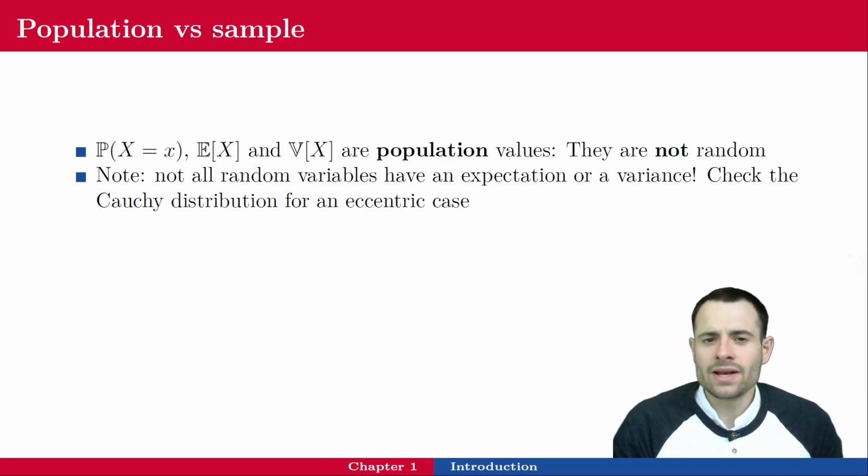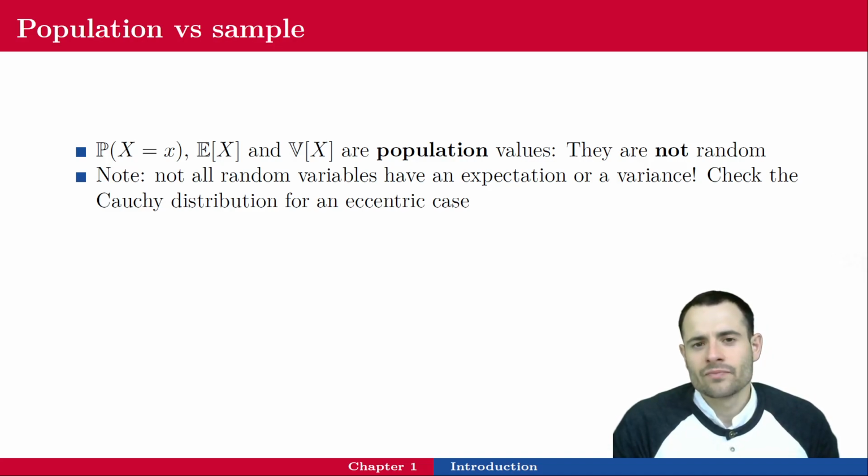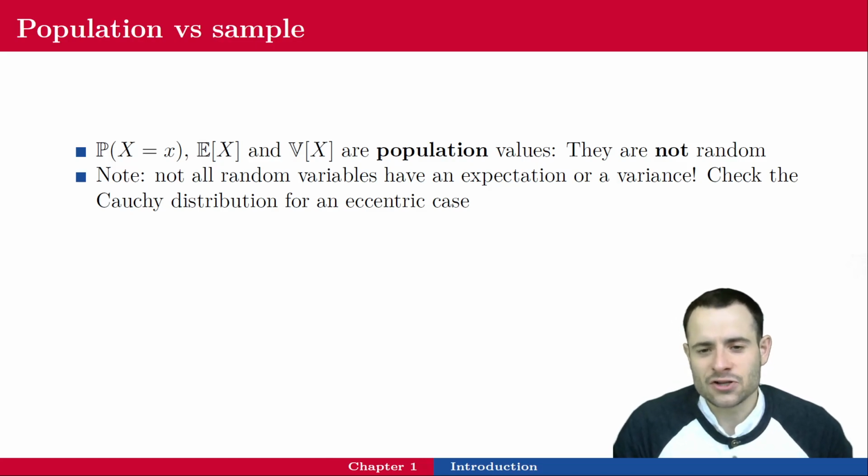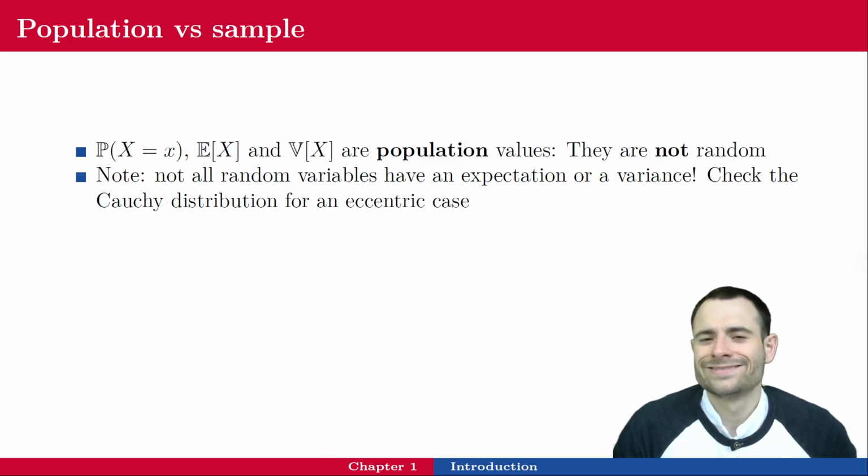It turns out that mathematically speaking, it is possible to have a random variable that doesn't have an expectation or a variance. I can think of one in particular, the Cauchy distribution. Cauchy is a very famous French mathematician from a long time ago, and he showed an eccentric case where a random variable doesn't have an expectation nor a variance. It's kind of weird, but it has a probability distribution.